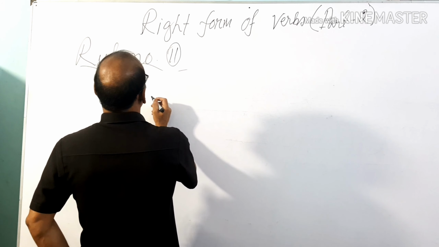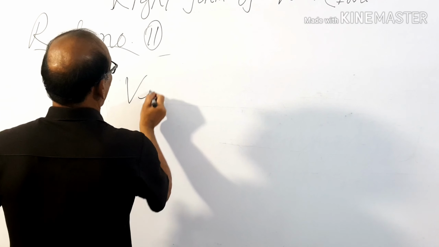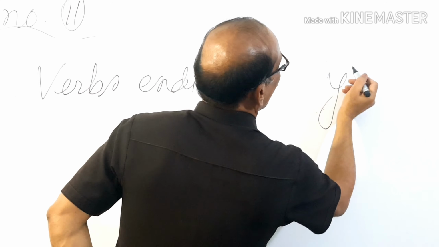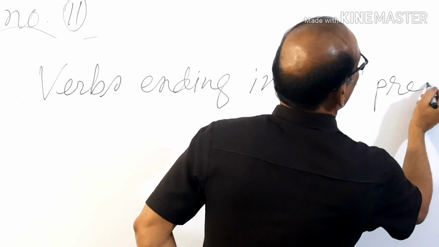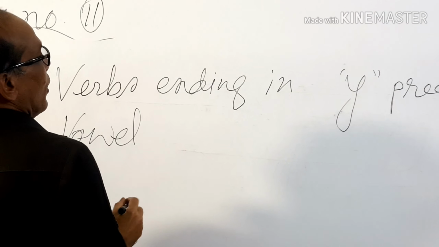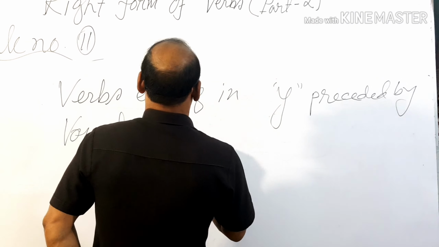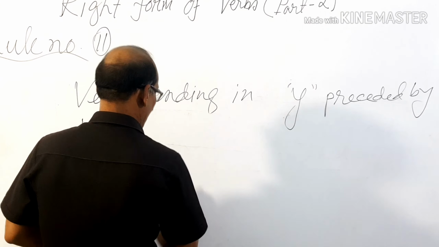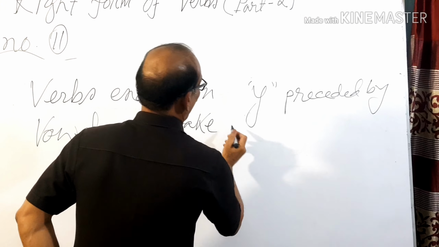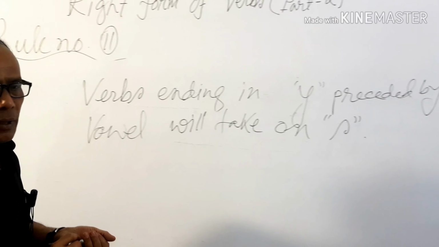And verbs, we should mention them as verbs, verbs ending in y preceded by vowel, verbs ending in y preceded by vowel will take only s, nothing more, and there will be no change.